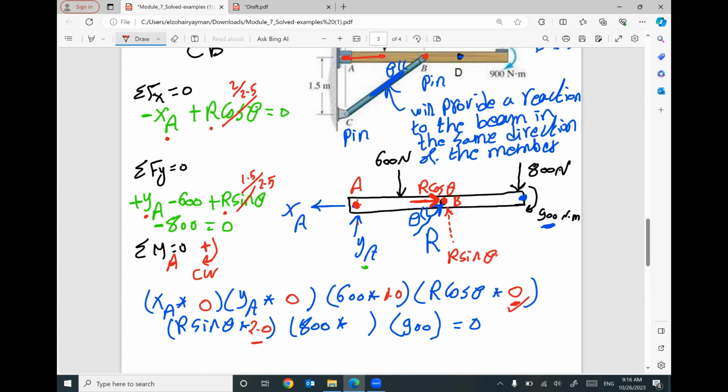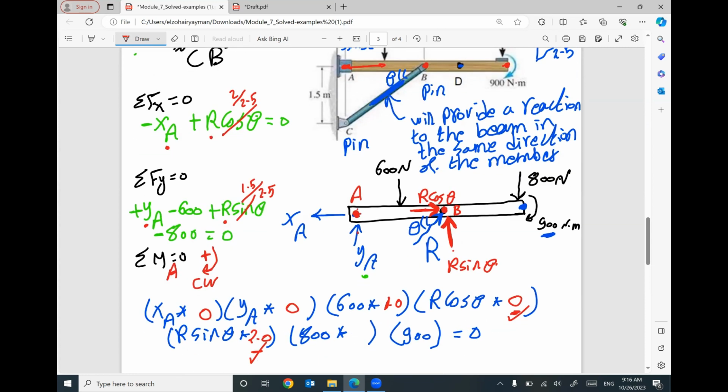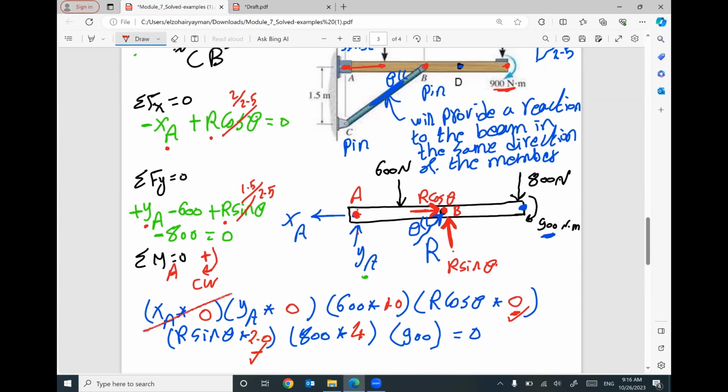R sine theta is a vertical component. That means your distance will be horizontal. Do you have a horizontal distance between the two locations? Yes, 2 meters. 800 Newton at the end, and the point A, the distance will be 4 meters. And the 900 does not need distance. It's a moment. I don't care about this term.